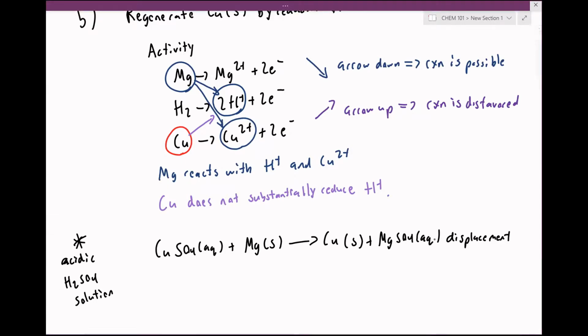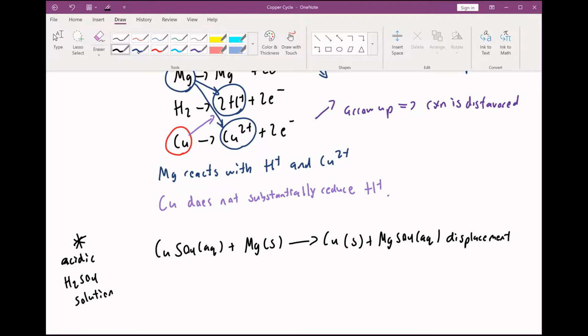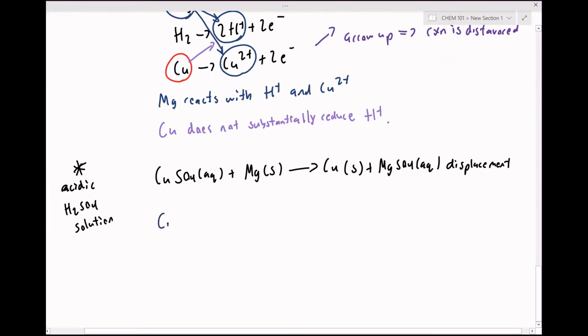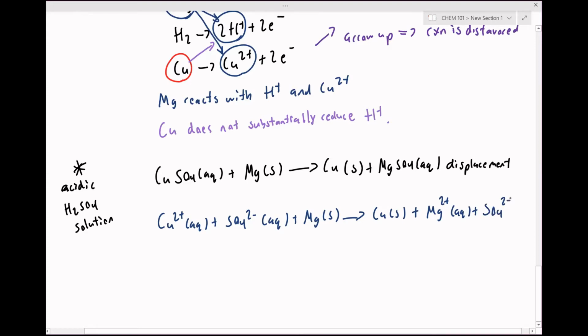Now, if we look at the net ionic equation, just breaking each of our soluble species down further, we know that copper sulfate is soluble. We've established that previously. Magnesium solid, we can't dissociate pure solids and liquids further. So we have copper solid, and then magnesium sulfate we dissociate into magnesium 2+ aqueous and SO4 2-, our sulfate ion in solution.